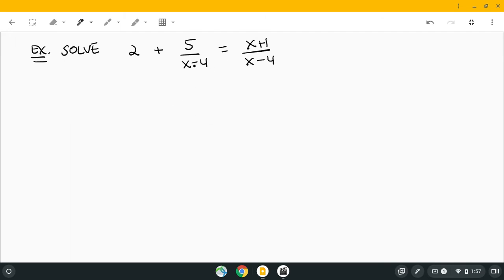Here, we have variables in the denominator, so in this case, we do have to check our answer, because the answer that we get might cause the denominator to be 0. And if we have 0 in the denominator, then it's undefined. So that's the only difference. At the very end, you need to check your answer.